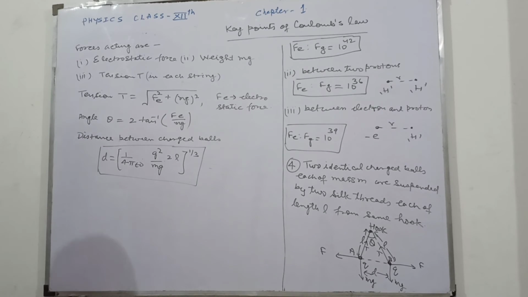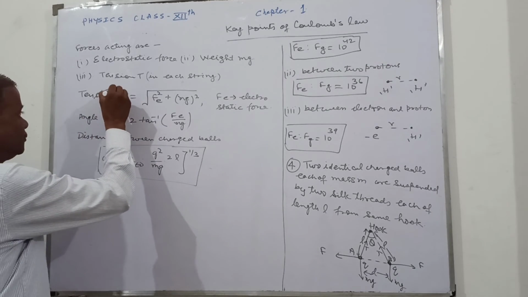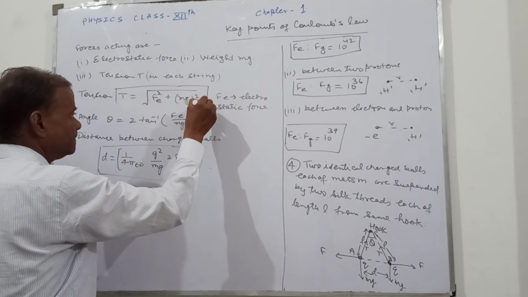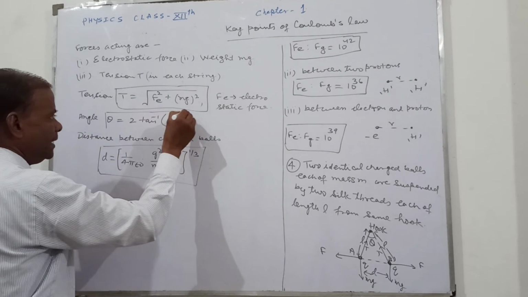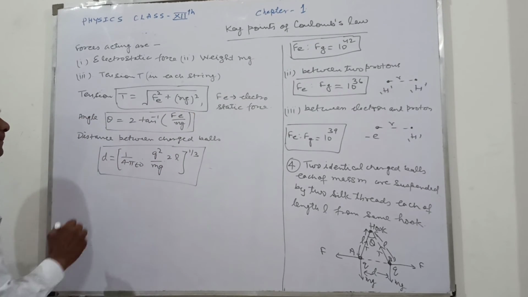So this is the distance between them. By this formula you can find the tension in the threads, and this will give you the angle between them.